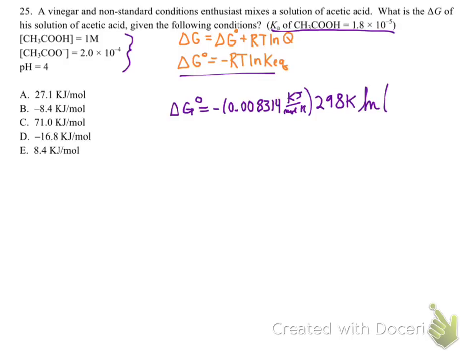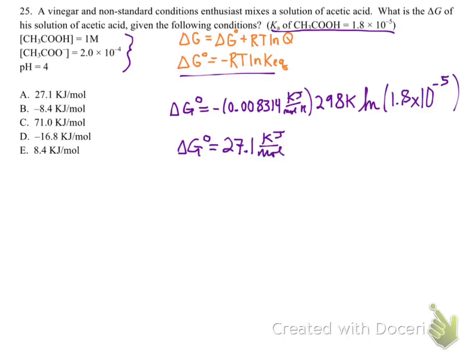And remember, Ka is just a form of equilibrium constant, so we can just plug this in: 1.8 times 10 to the negative fifth. When we do that, we'll end up getting that delta G standard equals 27.1 kilojoules per mole.